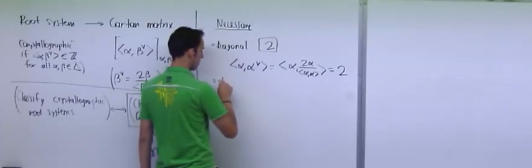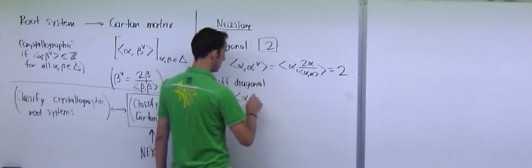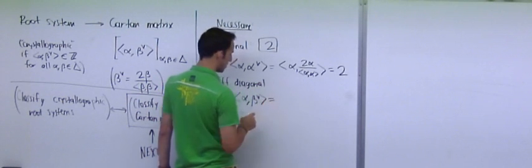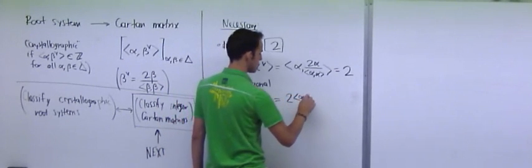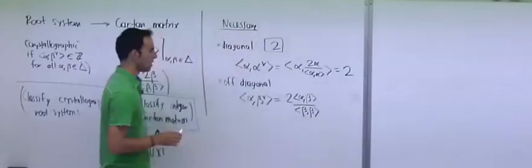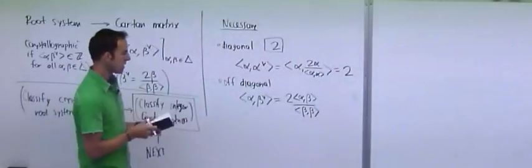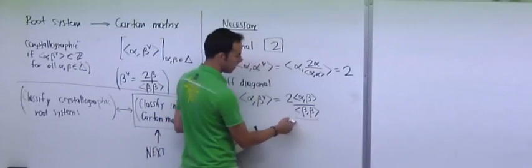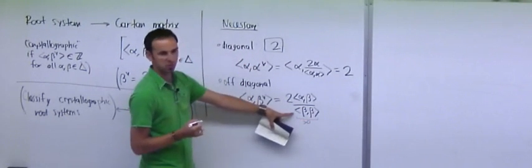What about off the diagonal? Off the diagonal, what we're going to see is something that looks like this. And after renormalization, this looks like this. But remember, there's two facts about the way that the simple roots interact with the inner product. First of all, all the simple roots have inner product with themselves which is positive.